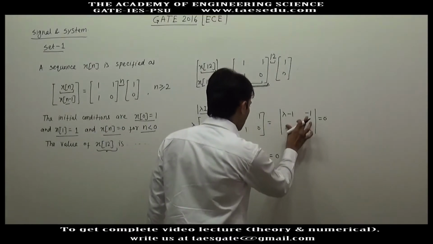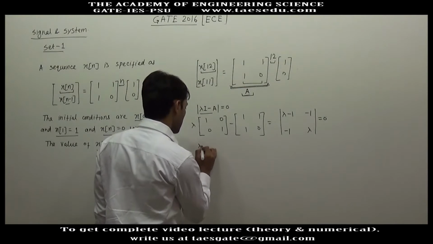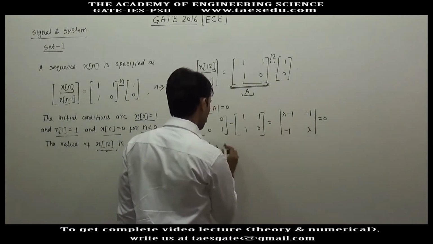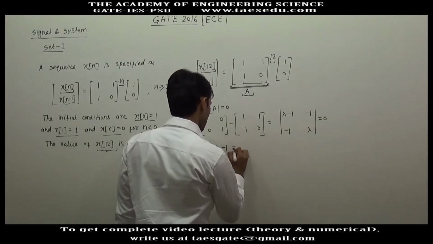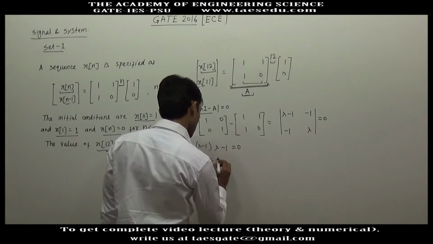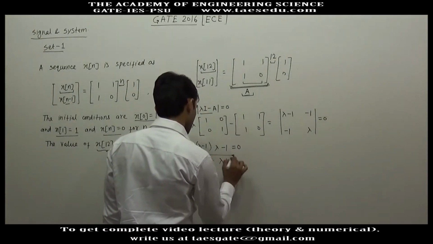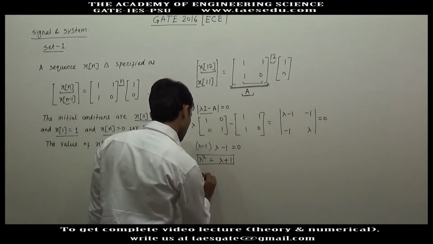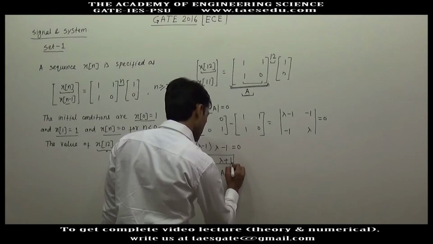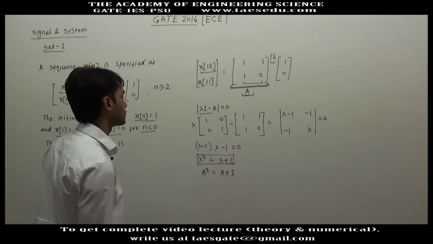So lambda square is equal to lambda plus 1, and A square will be equal to A plus, in place of 1, the identity matrix I.